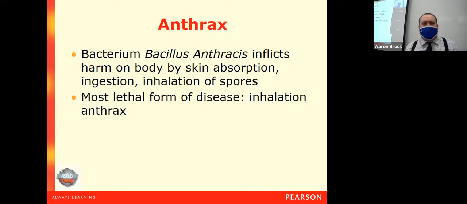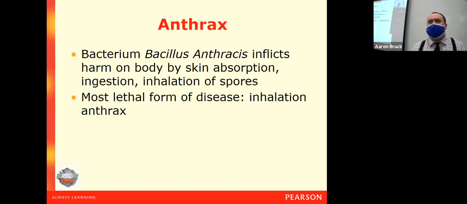All right, let's talk about anthrax. Anthrax is a bacterial substance, Bacillus anthracis. It can be absorbed through your skin. You can ingest it. You can inhale the spores that come off of anthrax. So all three modes of entry are possible with anthrax.